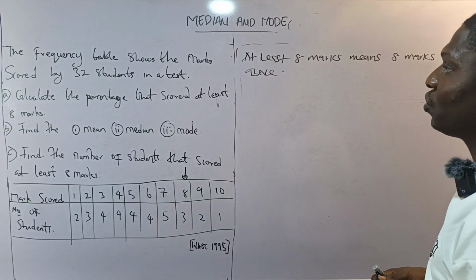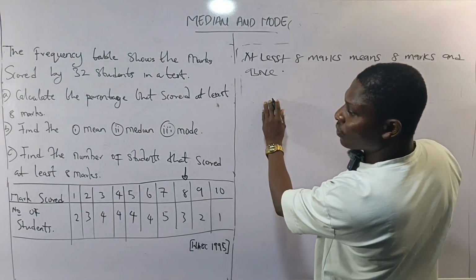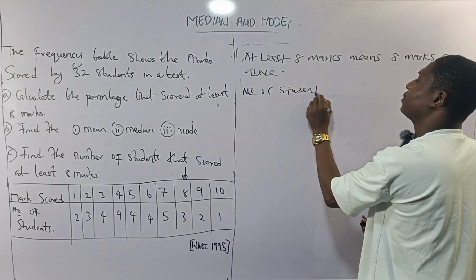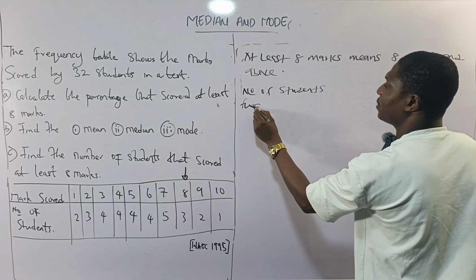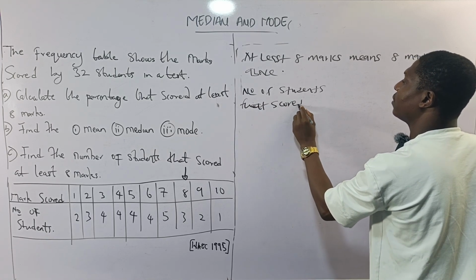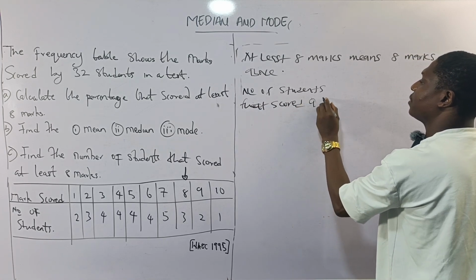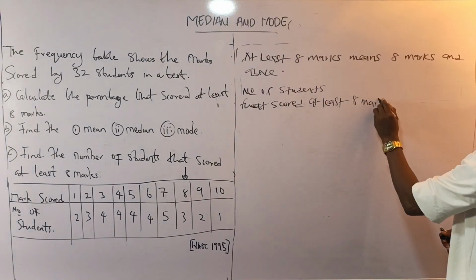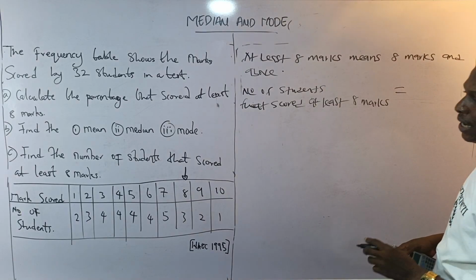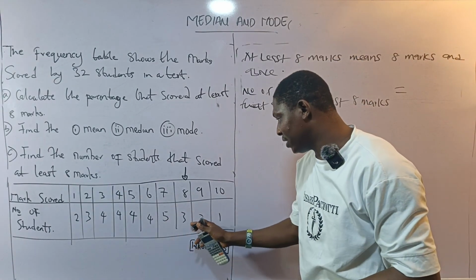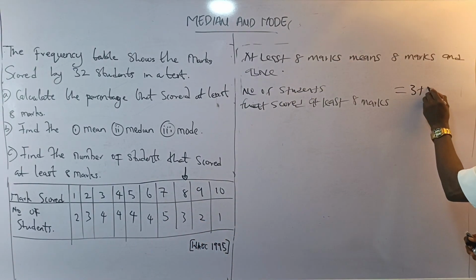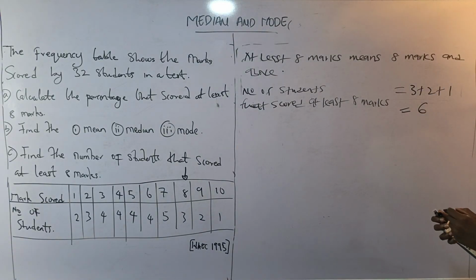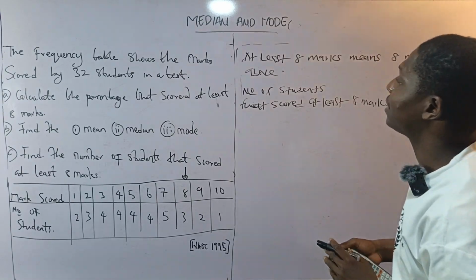So number of students that scored at least 8 marks are what? Number of students 3, 2, 1. 3 plus 2 plus what? 1, which is equal to what? 6. So 6 students scored at least 8 marks.